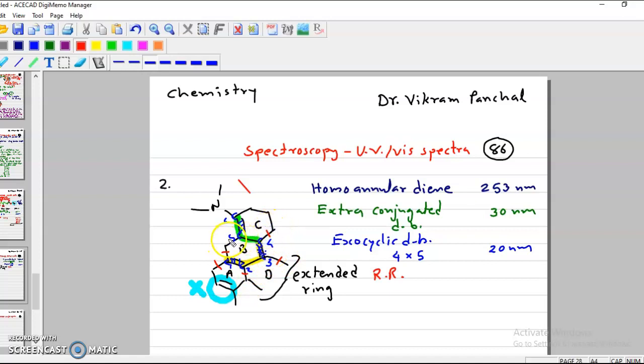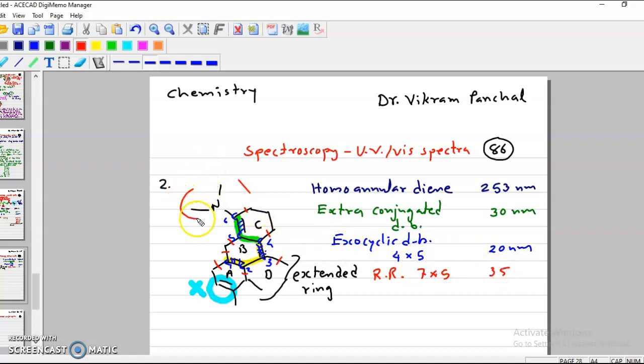For C5, this is a ring residue. For C5, then C6, of course, this is a ring residue. So total number of ring residues: 1, 2, 3, 4, sorry, again 1, 2, 3, 4, 5, 6, 7. So 7 ring residues into 5, 35 for this.